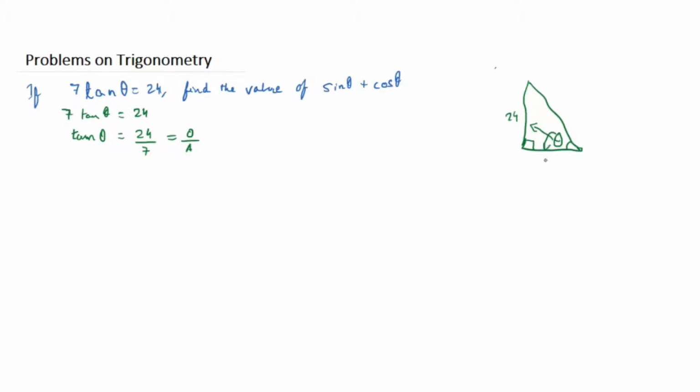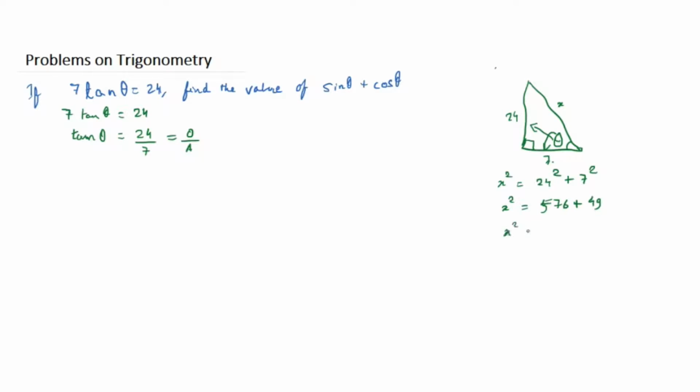So using the Pythagoras theorem, now I need to find out this side, because for sine theta, again we will need to know the hypotenuse. So using the Pythagoras theorem, let's call the side x. So x square will be equal to 24 square plus 7 square. That means x square is going to be 24 square, which gives me 576, plus 7 square gives me 49.